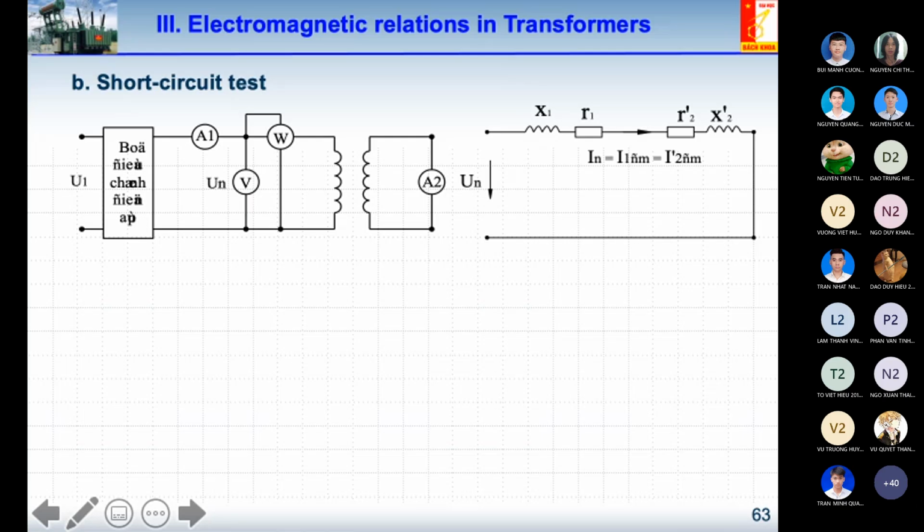Okay, because if we don't have the auto transformer here, you can see this transformer is connected directly to the electrical system.